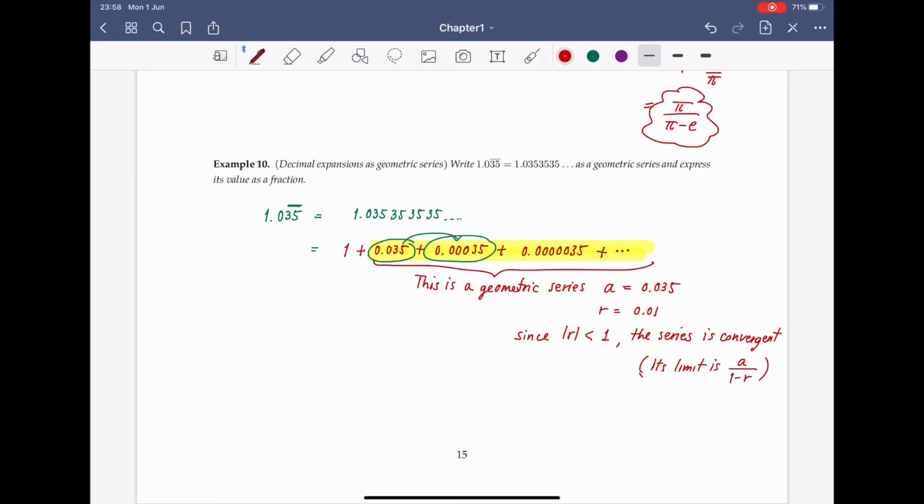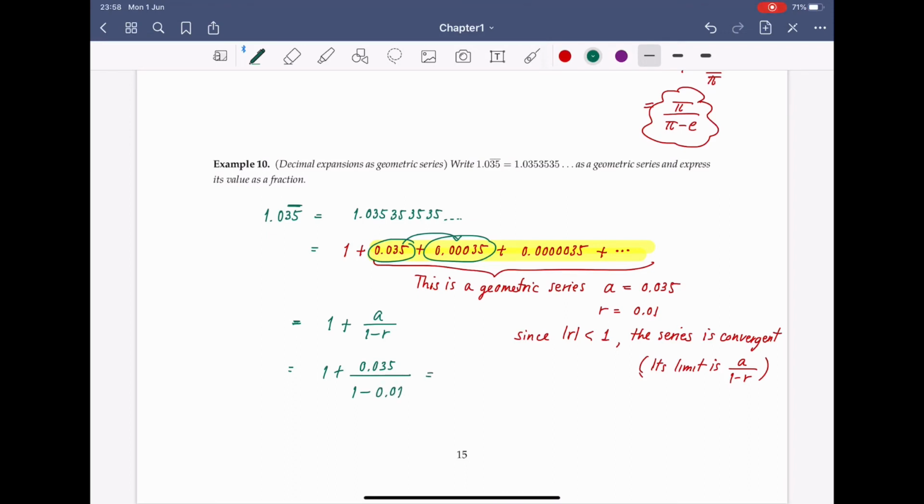All right. So here we come back to our original problem, and we have 1.035 repeating. This is going to be 1 plus a over 1 minus r, right? Because the geometric series is convergent, and you know its limit, and that is 1 plus 0.035 over 1 minus r, which is 0.01.